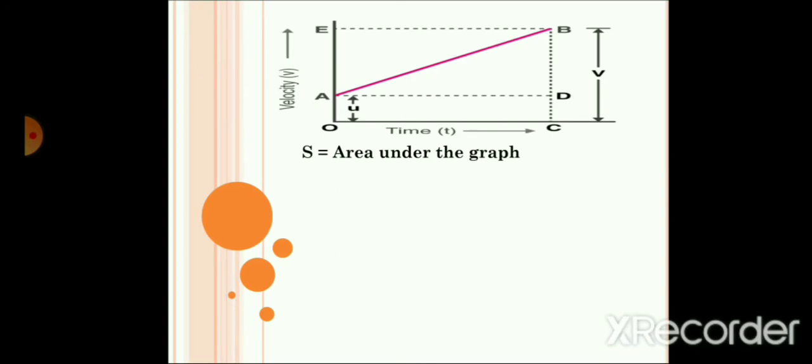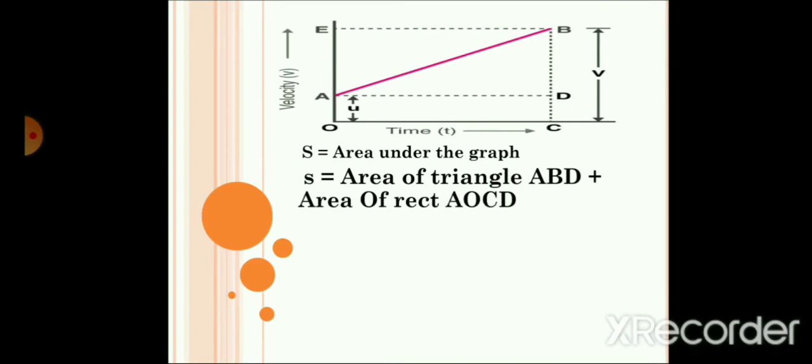It is made up of two geometrical figures: triangle ABD and rectangle AOCD. So s equal to area of triangle ABD plus area of rectangle AOCD.